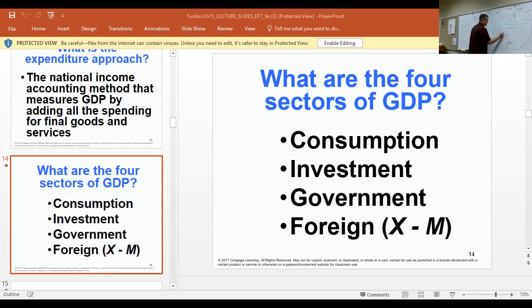That money gets borrowed by businesses and governments, and in return, businesses and governments give households bonds.